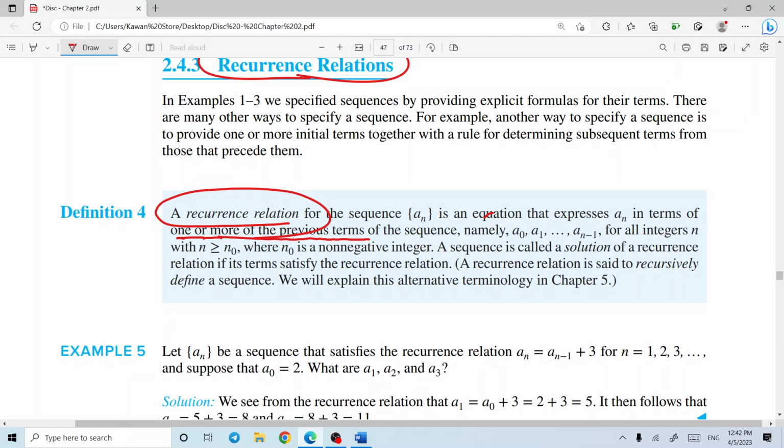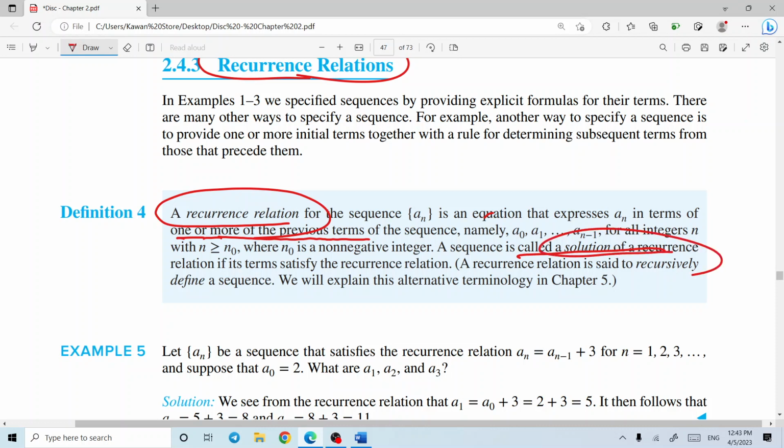Maybe it depends on one term or on two terms. Maybe I say A2 depends on A0 and A1, or A1 depends on A0. And that is called the initial, of course. And sometimes we are going to find the solution.